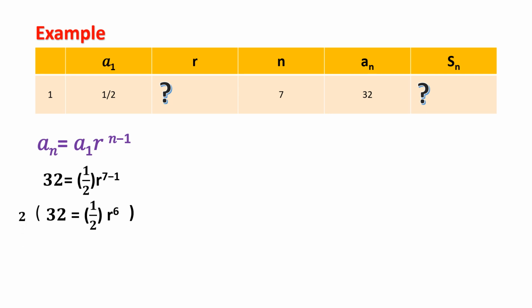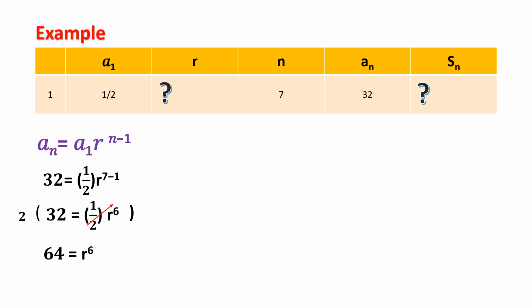So 2 times 1 half is actually 1, so this can be cancelled out. What is 2 times 32? 2 times 32 is 64. 2 times 1 half is 1, so it's okay not to write the 1 there. And you have there r to the power of 6.